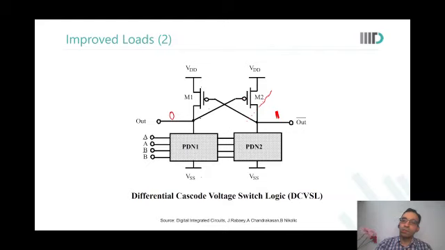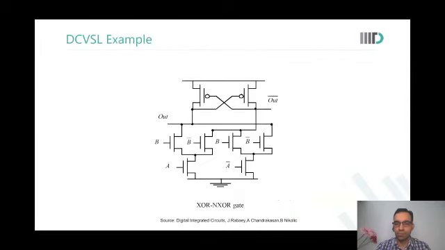So any comments on the improved load thing? How are we able to maintain a clean 0 there, sir? Let us look at this example. I have a XOR gate. Let us say A is equal to 1, B is equal to 1. Both are 1. So this is 0, this is 1, this is 0, this is 0.